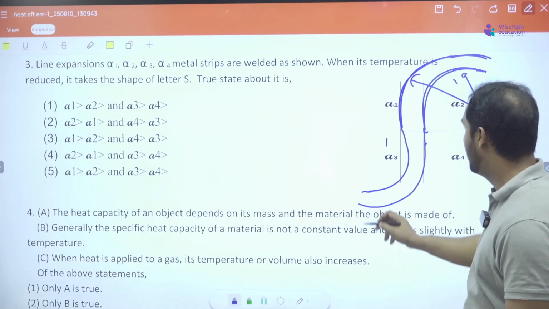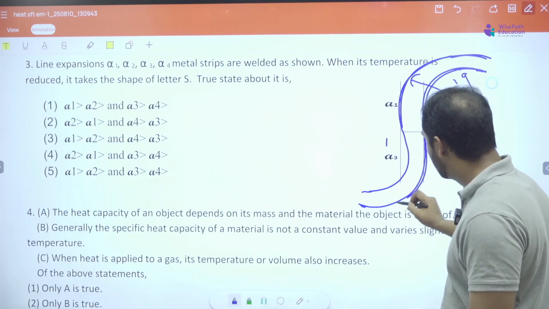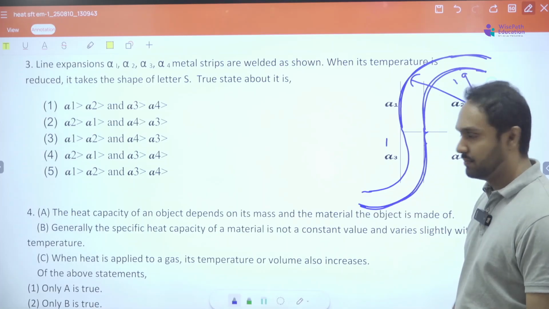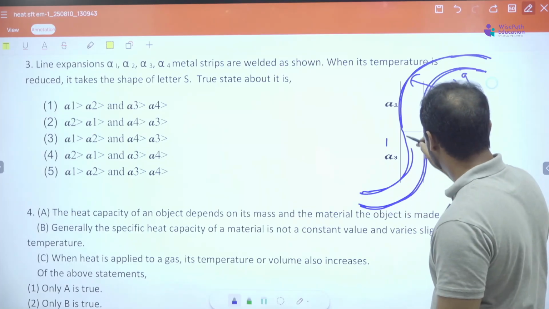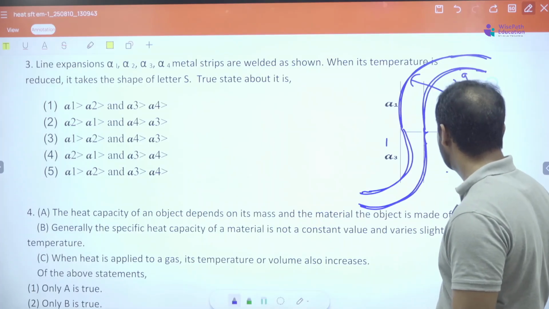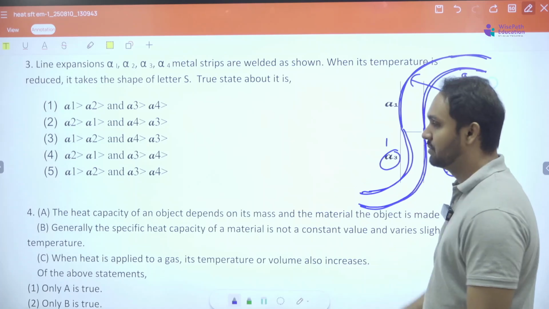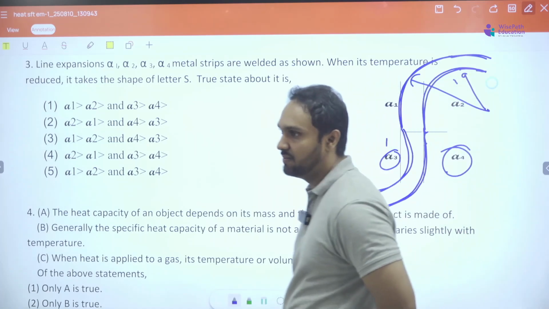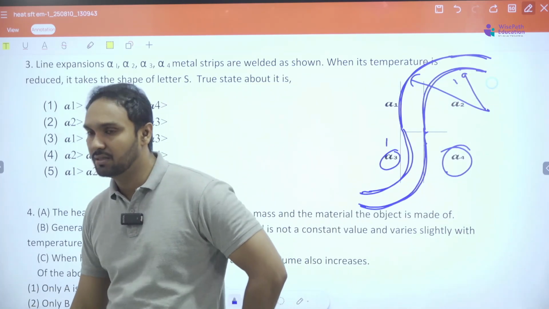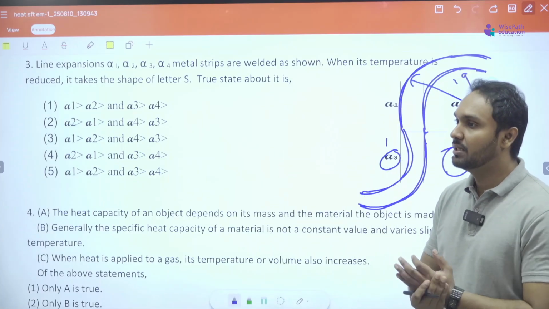So when it's bending, this has a greater arc length and this has a lesser arc length. So for this to have a greater arc length, this has to have a greater expansion than this one. So always the outer circle has to have a greater expansion. That's a simple theory, right? And it always bends towards the other side.